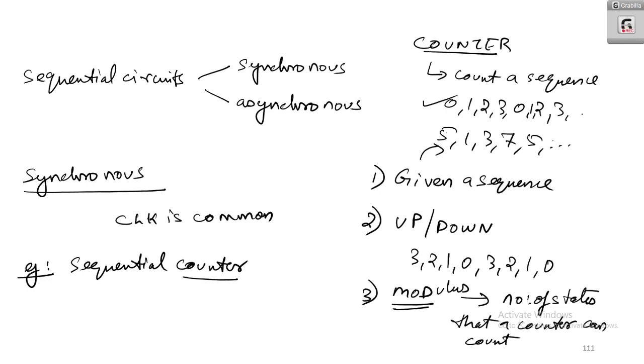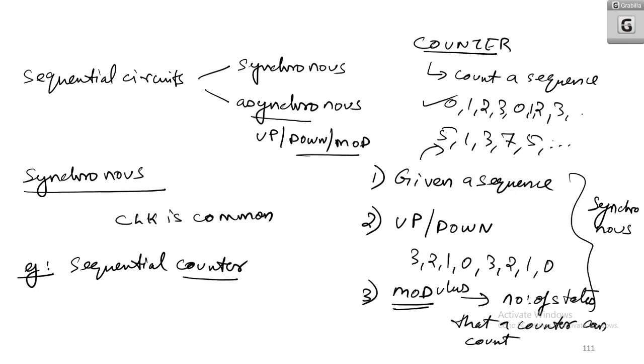Now, the given sequence, up down counter and modulus counter can all be designed in a synchronous pattern. Whereas in an asynchronous counter, we can have an up counter or down counter or a given mode.